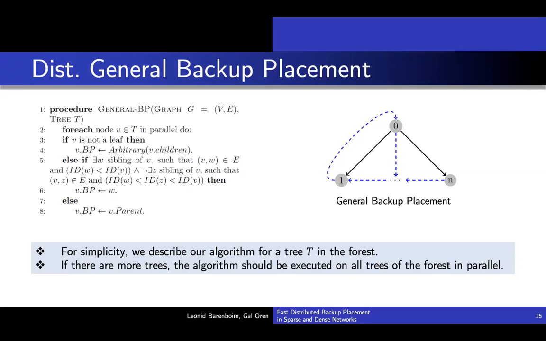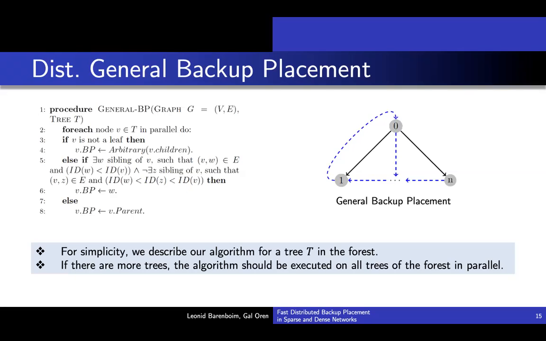Then each leaf V in T selects a sibling W of V in T with the property that there is an edge connecting them and that the ID of V is bigger than the ID of W, and also that there is no other sibling Z of V such that there is an edge connecting them, and that the ID of Z is smaller than the one of V and bigger than the one of W. If there is no such sibling W, then V selects its parent.